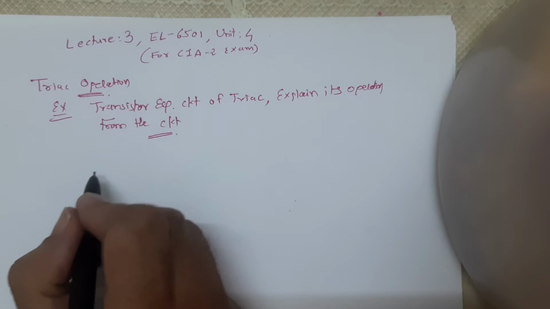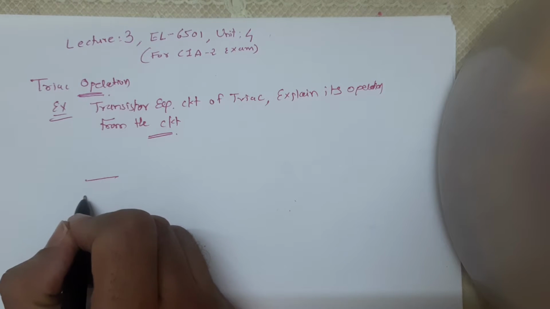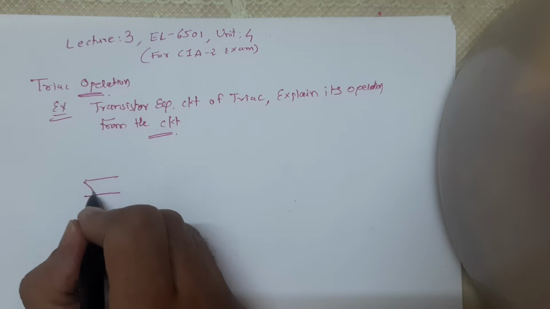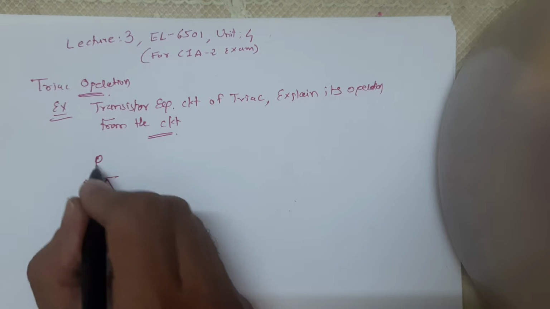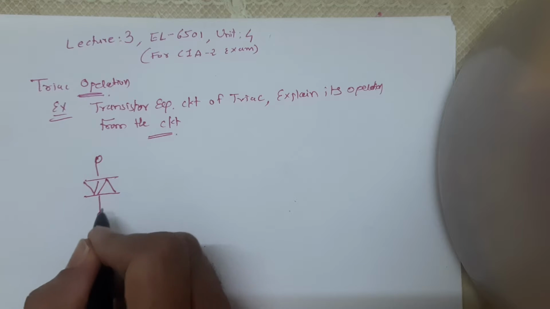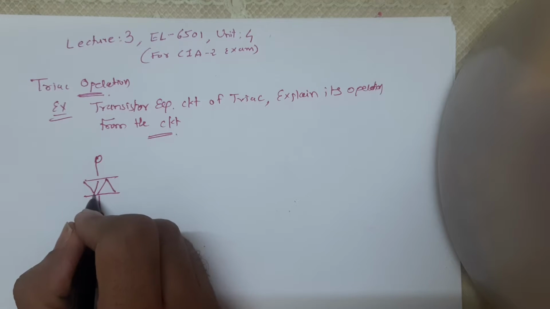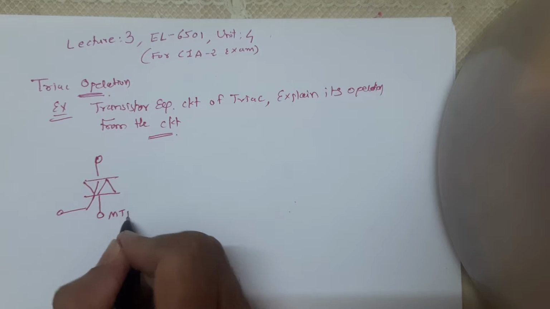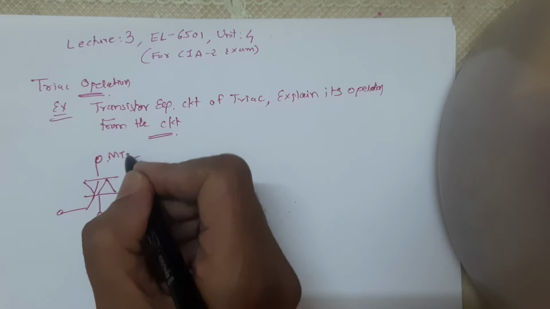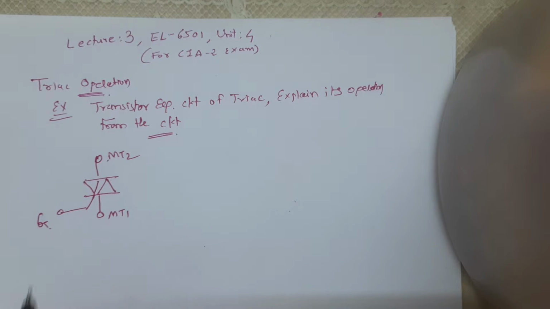So this is your triac. This is your MT1, MT2, and this is your gate terminal, right?